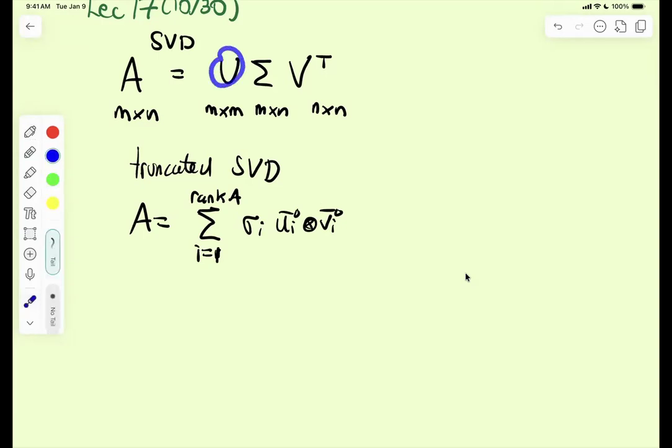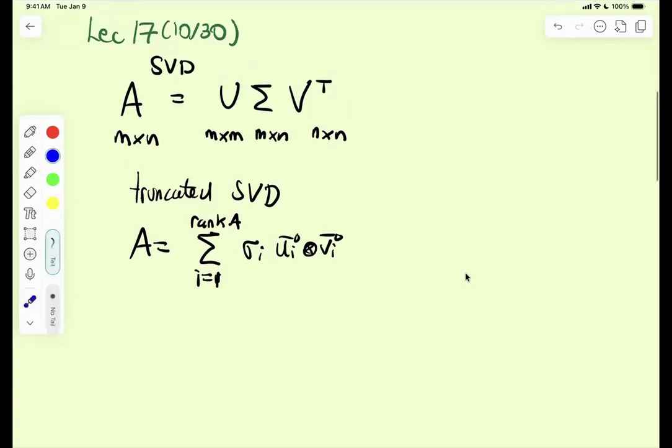Just to remind you one more time how the matrices U and V are constructed: you find the eigenvectors for the matrix A transpose A or A A transpose, depending on what you want to do. And then the matrices U and V are the matrices whose column vectors are the eigenvectors of those matrices, right? So they are matrices of eigenvectors.